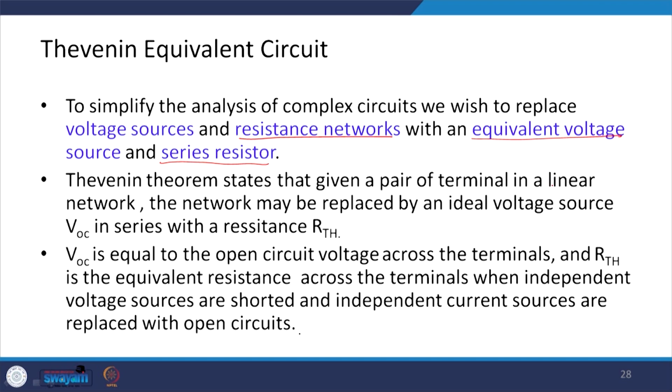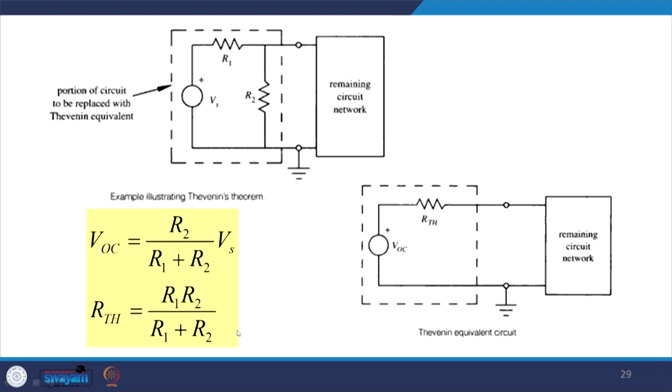Okay. So, here VOC is equal to the open circuit voltage across the terminals, and RTH is the equivalent resistance across the terminals when the independent voltage sources are shorted and the independent current sources are replaced with an open circuit. Suppose I have a source and two resistors. I want to replace this portion with the Thevenin equivalent, and here we have the rest of the circuit.